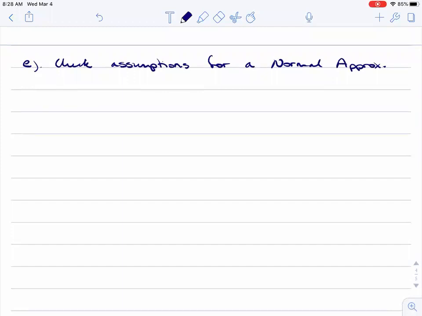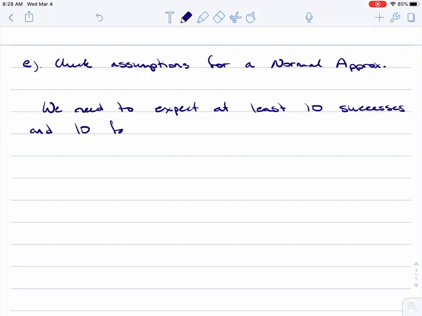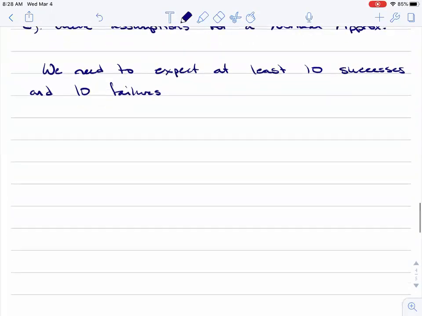And so the assumption is we need to expect at least 10 successes and 10 failures in our sample. So how do we calculate that? Well, we said that if we do n times p, that's the expected number of successes.